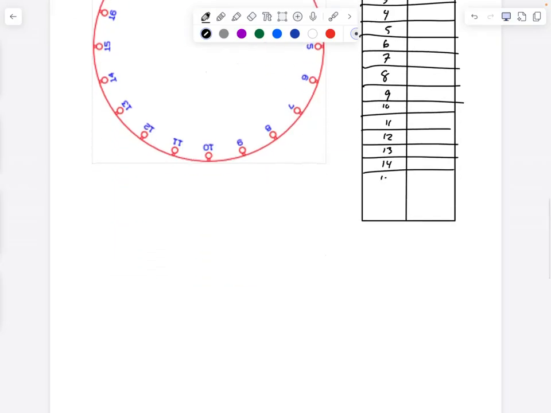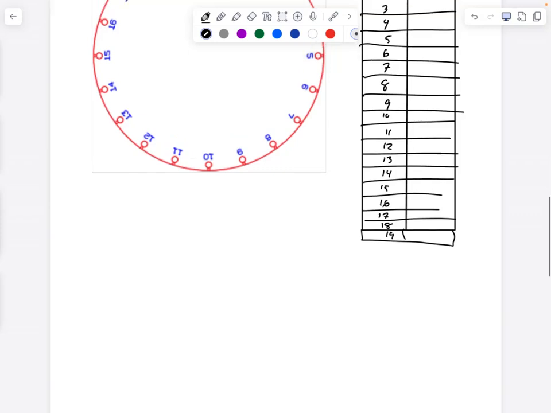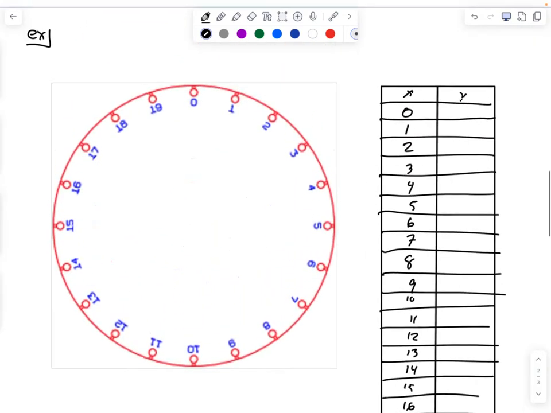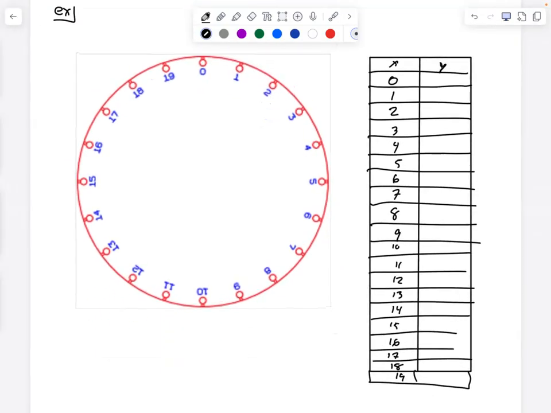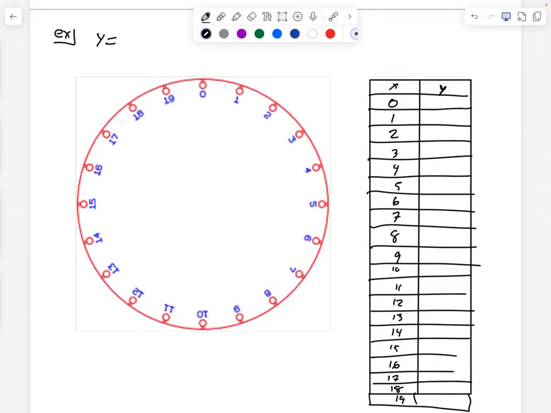Okay. 9x plus 1. That's a hard one. 9 is a hard one. Odds are there. 9x plus 1. All right, so where do we start?